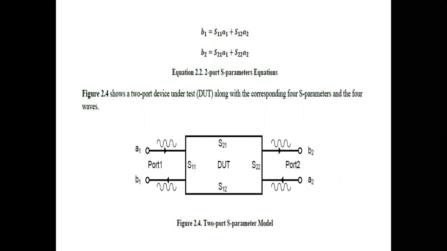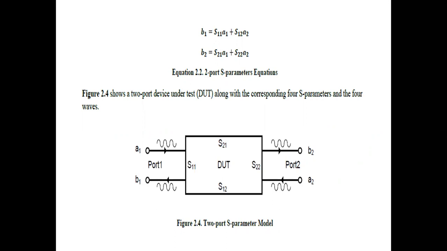It is important to realize from equation 2.2 that the wave leaving a device under test is a linear combination of the waves entering the device under test. As a result, terminating the device in the characteristic impedance allows the extraction of the individual S parameters.